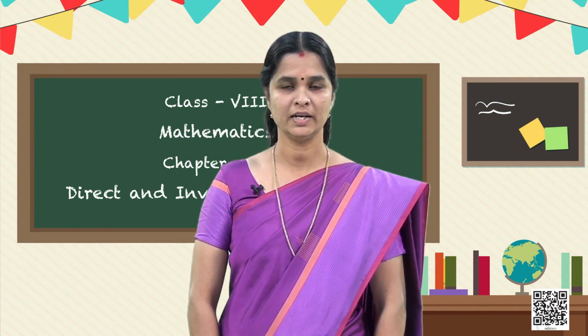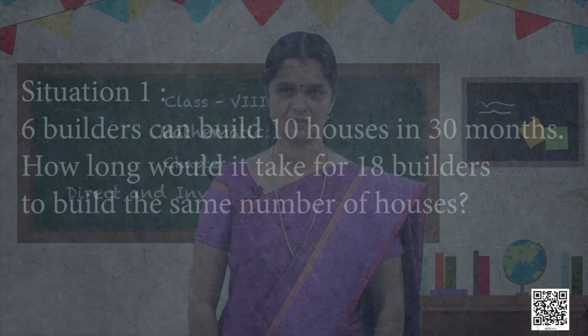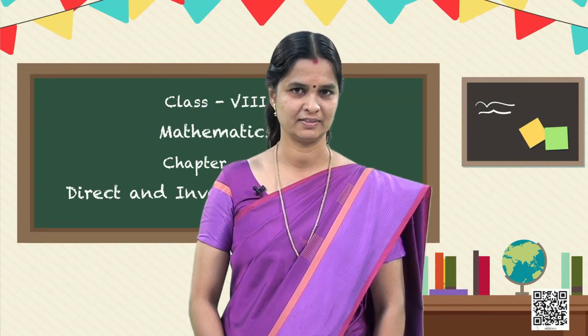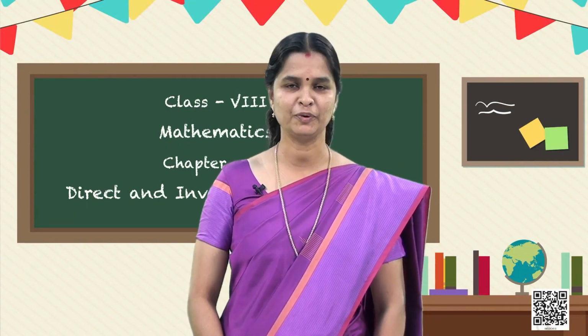Now, let us move on to the first situation. Situation 1. 6 builders can build 10 houses in 30 months. How long would it take for 18 builders to build the same number of houses? Here, will they take more time or less? Let us put it in a tabular form and check.